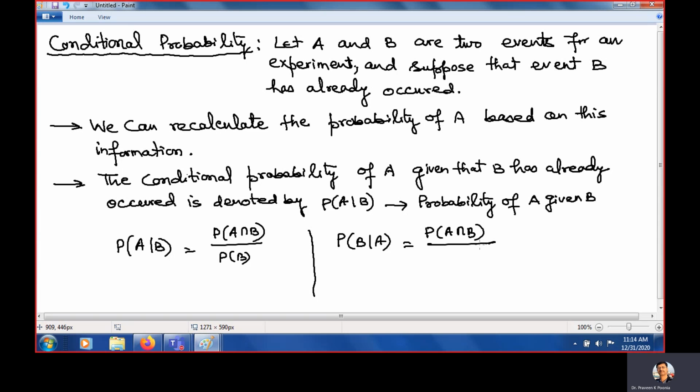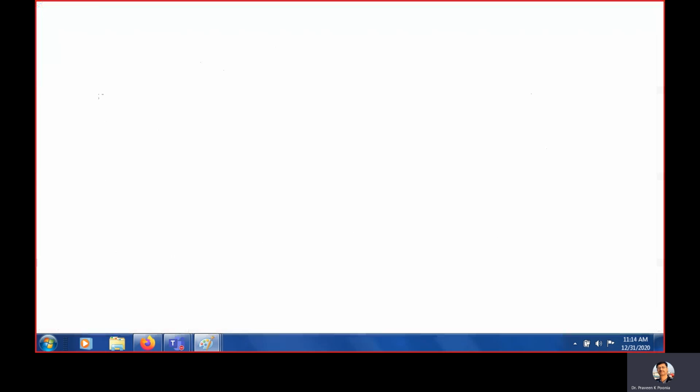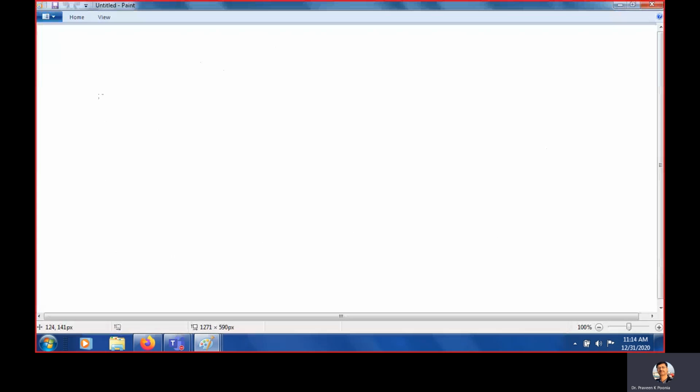Clear? So this is how we define conditional probability. Now we will take one question based on conditional probability. More questions I will bring you in the last lecture when we will solve a mixture of questions.